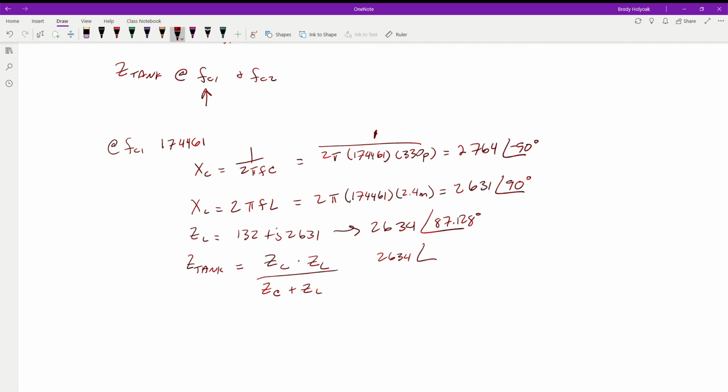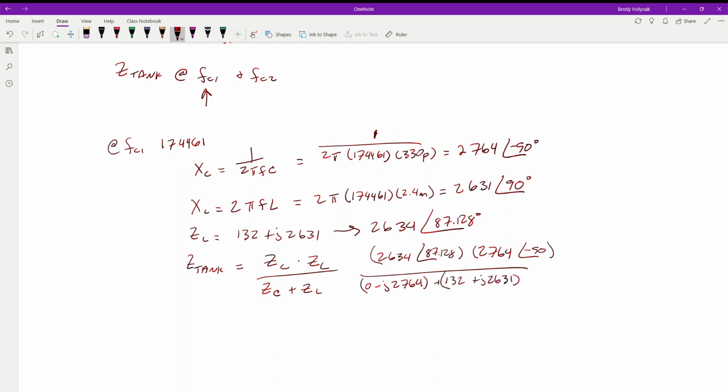So we have the 2634, which is at 87.128. That's the inductor, multiplied by the 2764 at the -90, divided by 0 minus J of 2764 plus the 132 plus J of 2631.